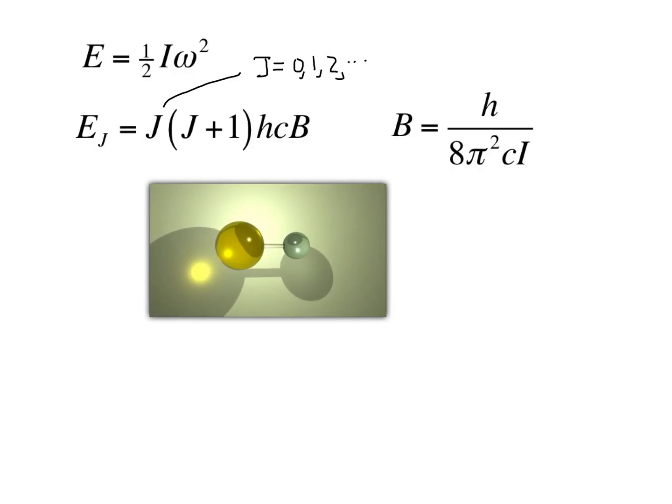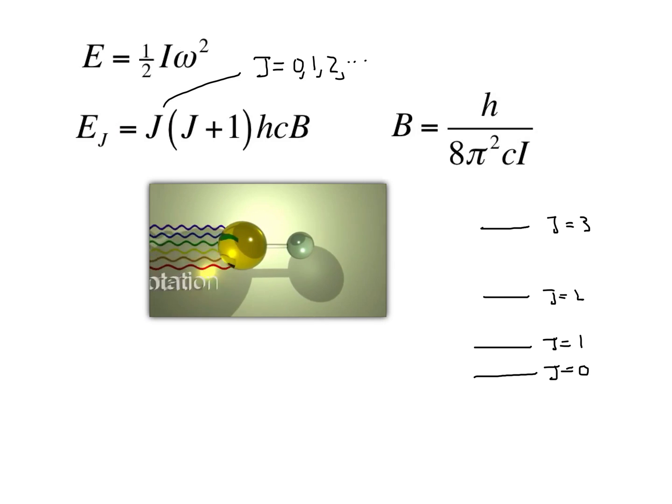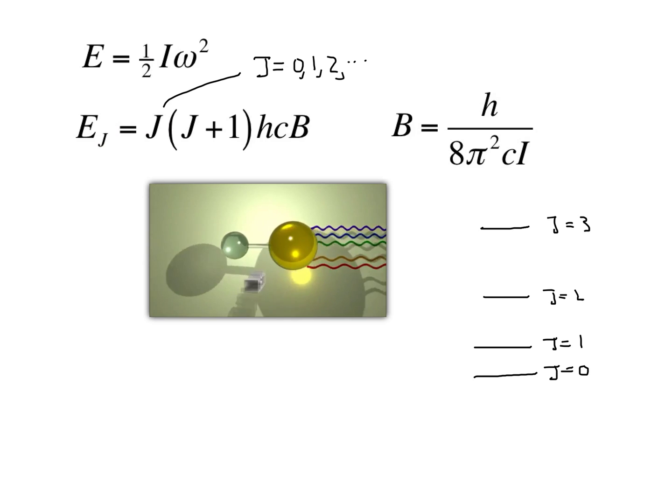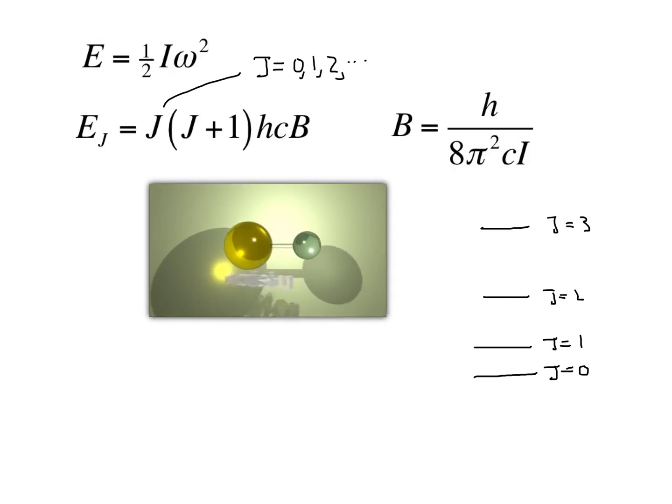The set of rotational energy states starts with J equals 0 as the ground state, J equals 1, J equals 2, J equals 3, and so on. When I add light to my molecule, when I radiate it, I can absorb a certain amount of that electromagnetic radiation and cause my molecule to begin to rotate.